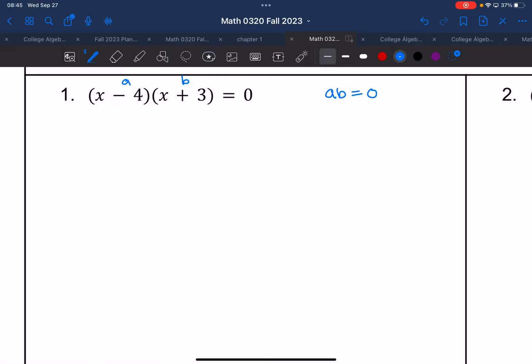So this is telling us that if this equals 0, that means that either of these parentheses has to equal 0. So we're going to set them separately equal to 0. So x minus 4 equals 0 and x plus 3 equals 0, because notice, we already have an answer that is factored for us.